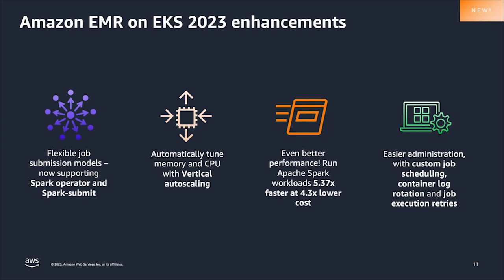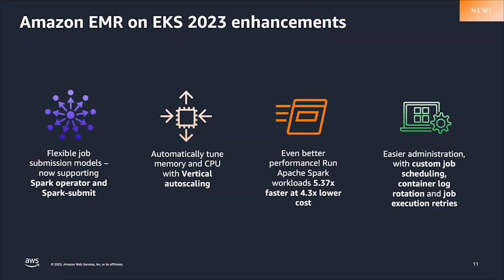Initially, when EMR was launched, horizontal auto scaling was supported, but this year vertical auto scaling can automatically scale the memory and CPU allocated to your EMR Spark application based on its real-time and historic resource utilization. With Amazon EMR on EKS, you can achieve better performance as well.